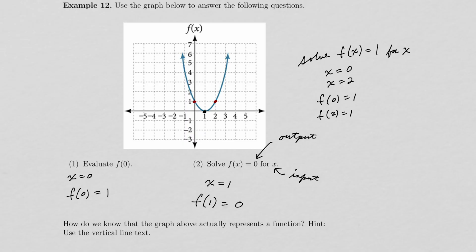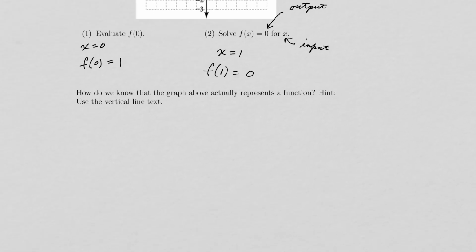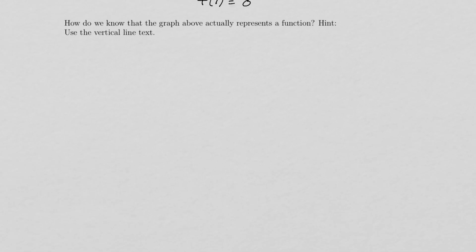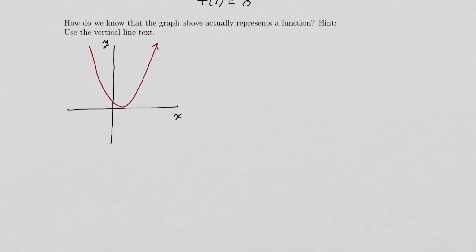So again, what's the quick way to determine whether a graph is actually a function or not? That's when we use the vertical line test. So I'm going to draw three different relations, and we'll determine whether they're functions or not. Let's say I'll do one like we just saw. I'll just do x and y to start, and let's say it does something like this, which is what that graph did.